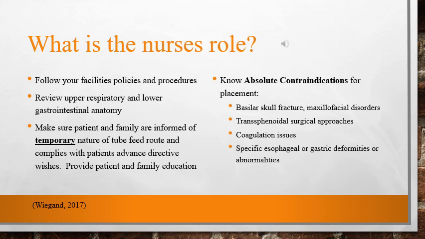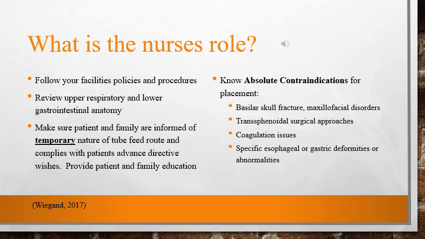Make sure that your patient and your family are informed that this is a temporary tube feed route. This complies with the patient's advance directive, because there are people who will say, well, Dad didn't want a feeding tube. He said that he never wanted that placed. So we have to reassure our family members and our patients this is just temporary.